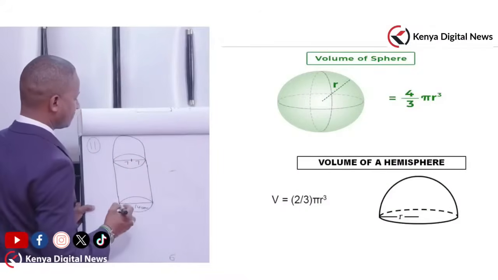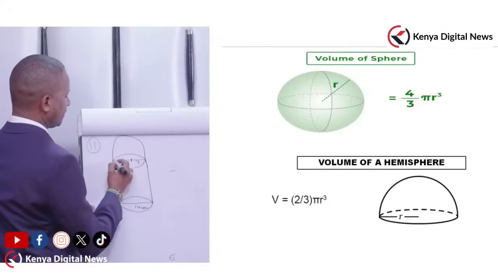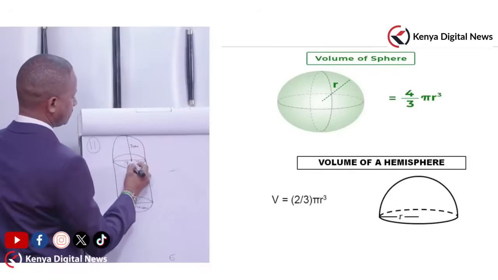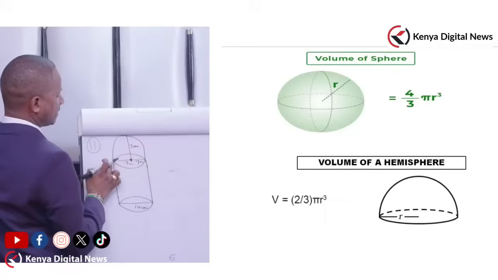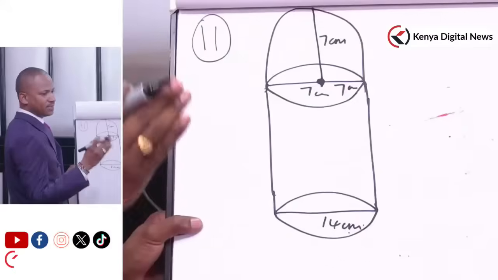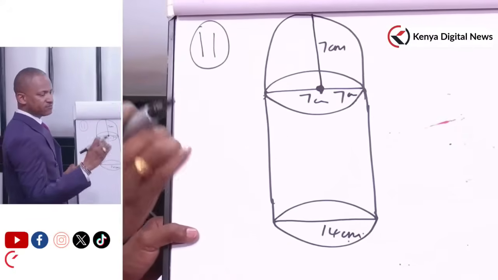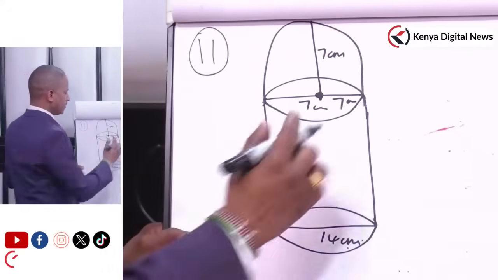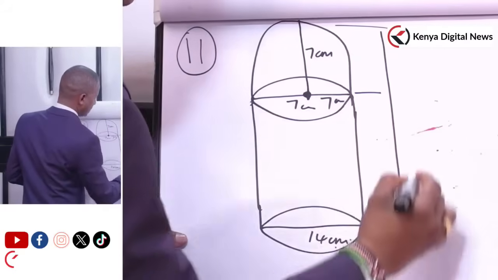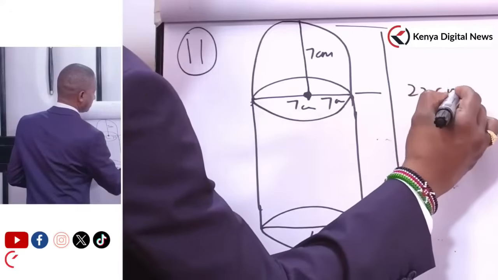This side is also 7. So if the radius from here to here is 7, it means that the radius of this hemisphere is also 7 centimeters. This upper part is a hemisphere. Hemi is half, half of a sphere. Then you are told that the total height here is 22 centimeters.